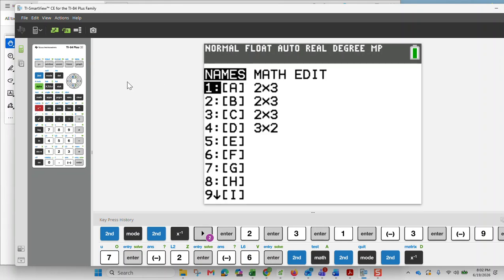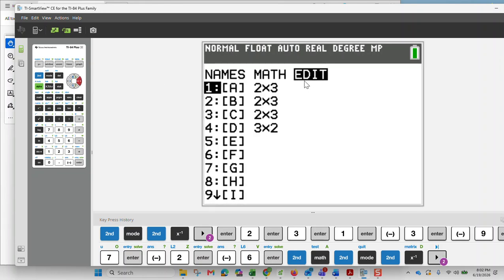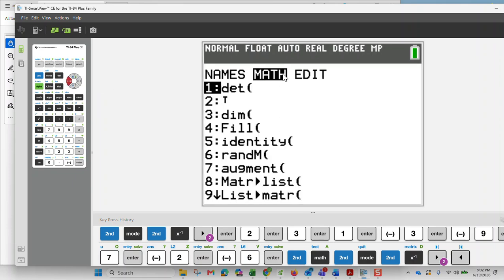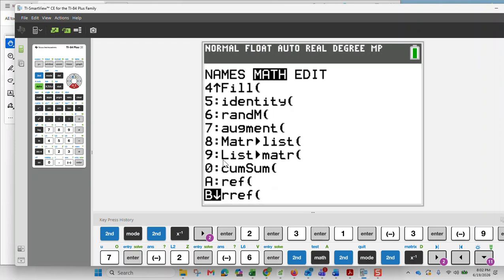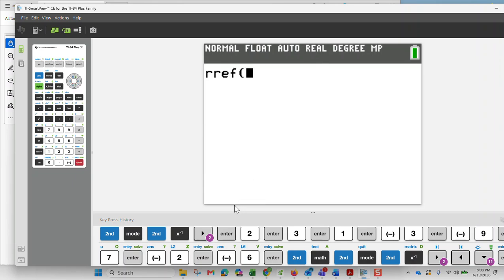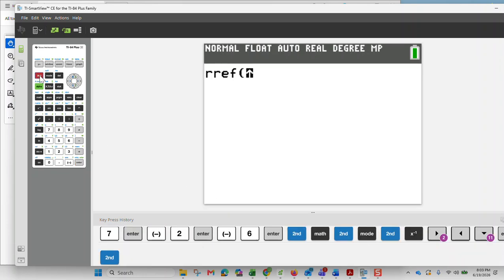Okay, this time, remember the first time we went to the edit to input a matrix, I input my matrix A. Okay, so I need to come back to solve A. All right, so the second one is going to the math to find the row reduced echelon function that you want, the RREF. Okay, and then we hit enter, and then we have to go back to the matrix again.